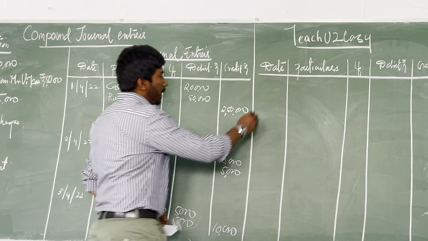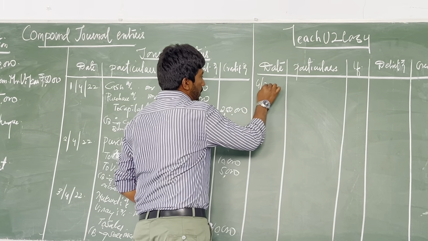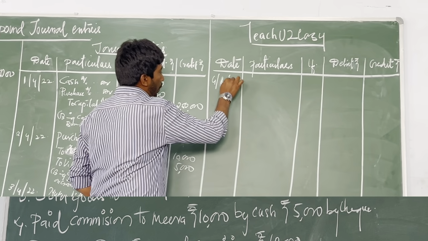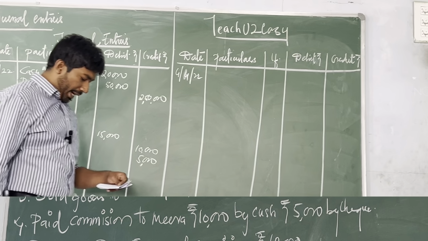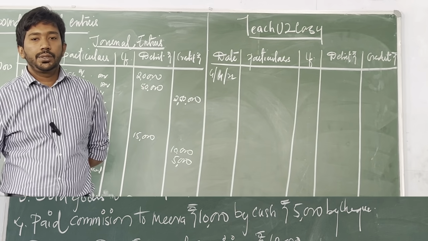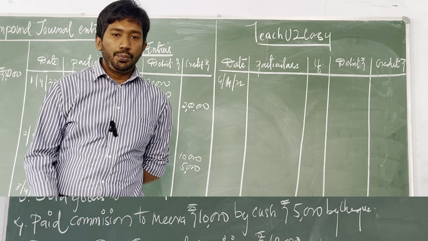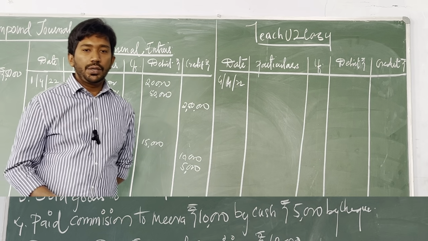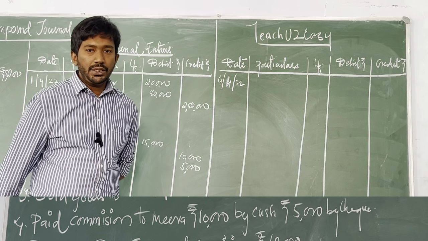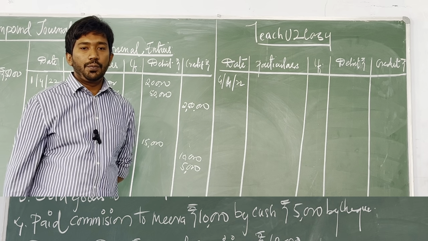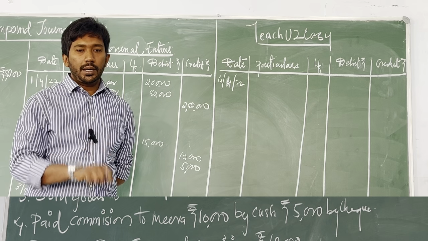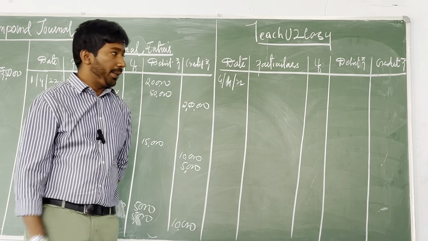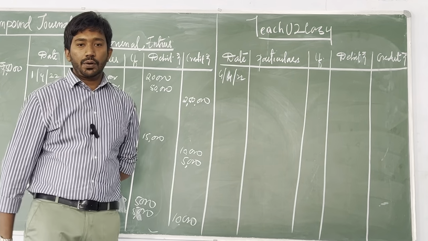That is, we will consider the date as 4/4/22. So the entry is given as paid commission to Meera. We have paid a commission to Meera, 10,000 we have paid in the form of cash and 5,000 we have paid via check. So here bank and cash both are coming, both two accounts are coming, and who is the receiver of the benefit?